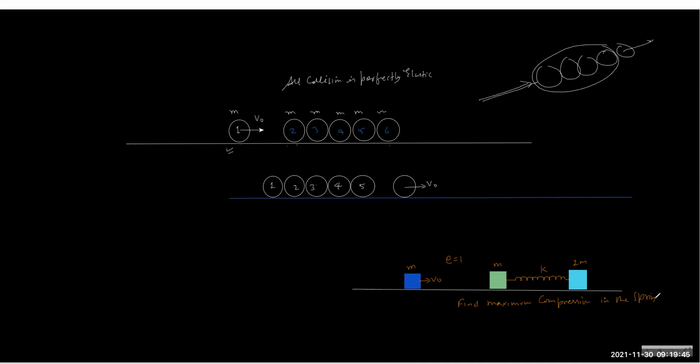The first part is the collision between 1 and 2. Although the spring is attached to the first mass, there is no spring force, because spring force demands deformation. So when 1 and 2 impact, it is as good as there is no spring. The spring force is always non-impulsive.